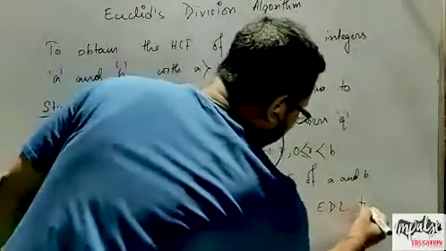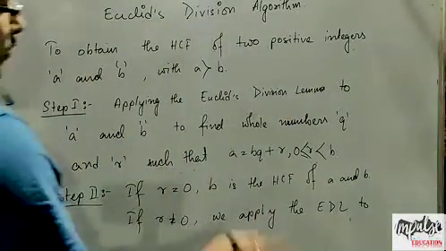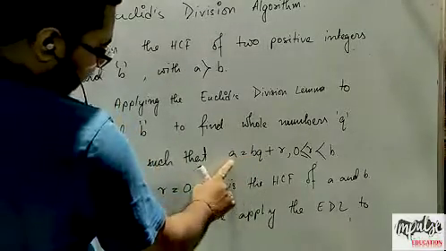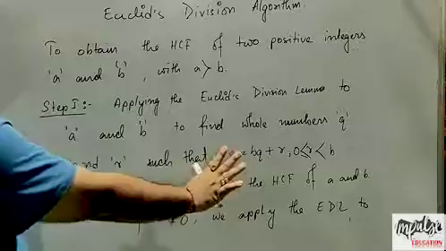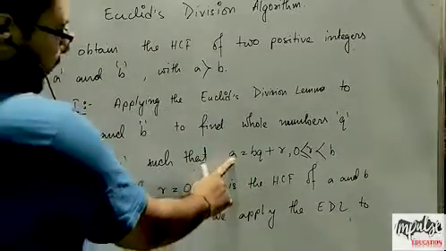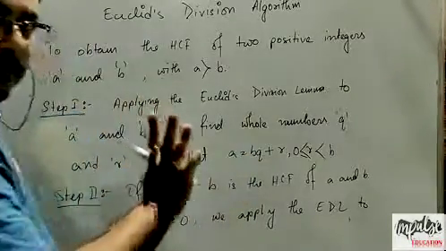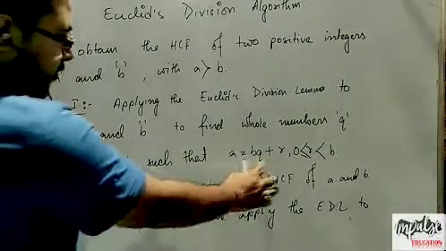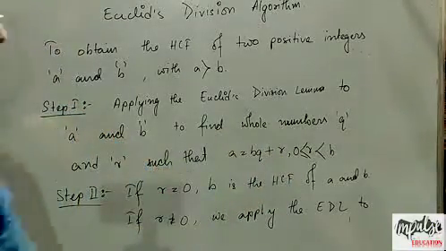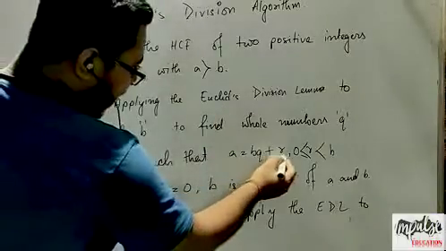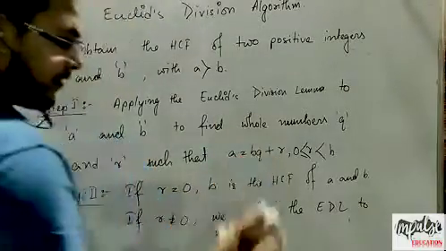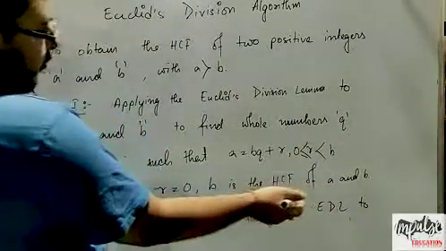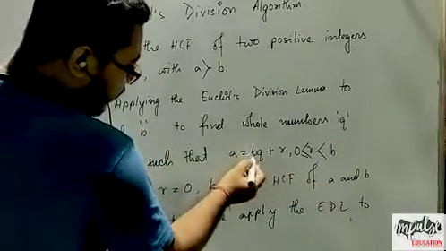Now once I have, at the very beginning in the first step, divided A with B, accordingly we get Q as quotient and R as the remainder. Is it clear? After that, if R is equal to 0, then B is the HCF. Here it is done.